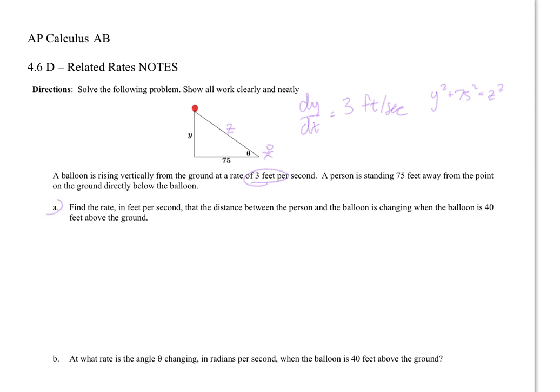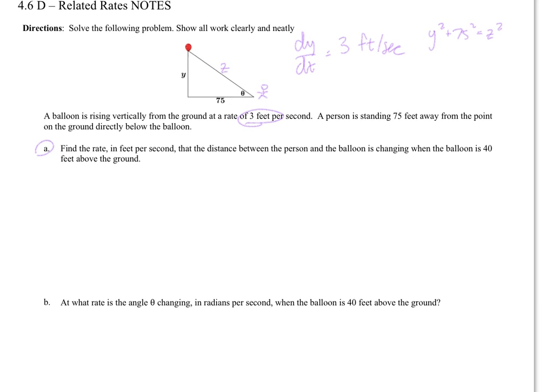So for question A, find the rate in feet per second that the distance between the person and the balloon, so I'm finding dz/dt, when the balloon is 40 feet above the ground, so when y is 40.